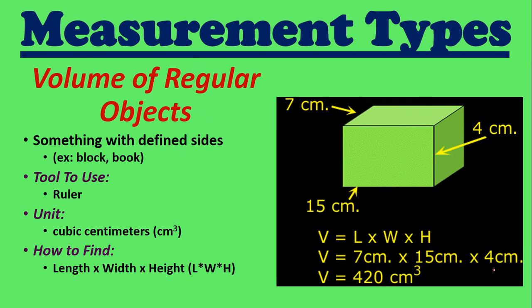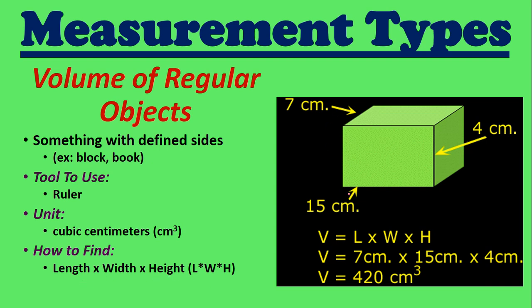To find the volume of a regular object is a little different. A regular object is something with defined sides, like a block or a book. It means you have a length, a width, and a height. You're going to use a ruler here, and the unit will be cubic centimeters because you're going to be multiplying. So how you find it, you do length times width times height.